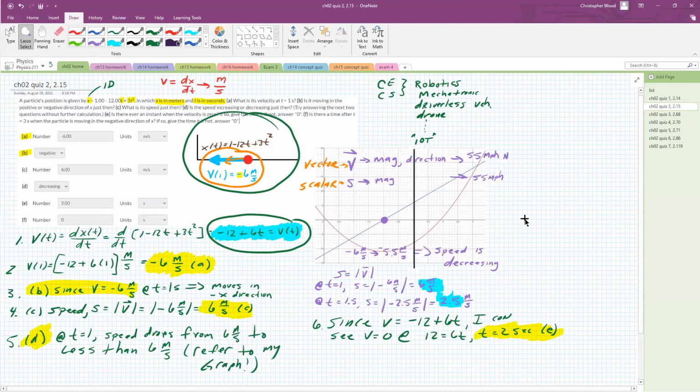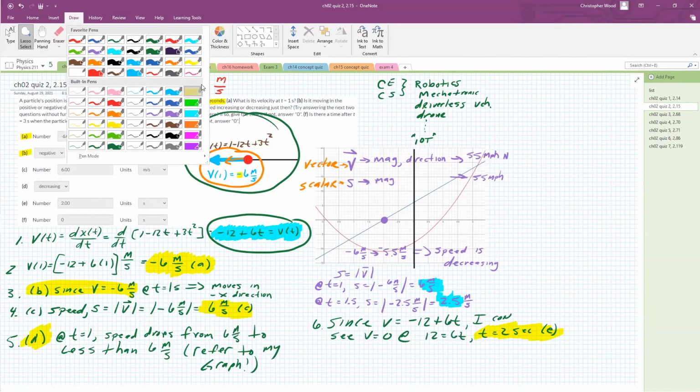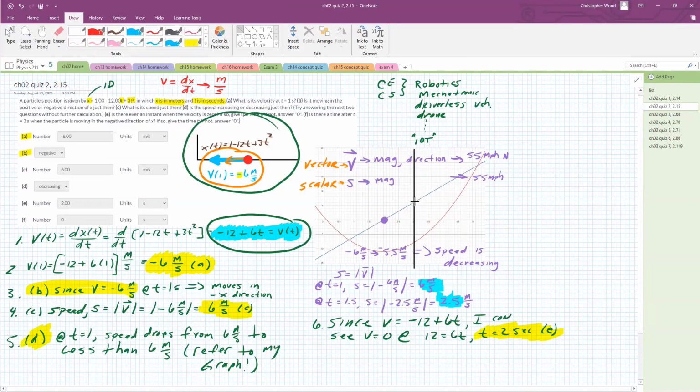All right, so that black vertical line is t equals 3 seconds. The question is, does the particle ever move in the negative x direction? And the answer is no, because, I mean, check out the graph. According to this graph, all times subsequent to t equals 3 seconds is showing a positive velocity. Positive velocity means moving away from the origin.